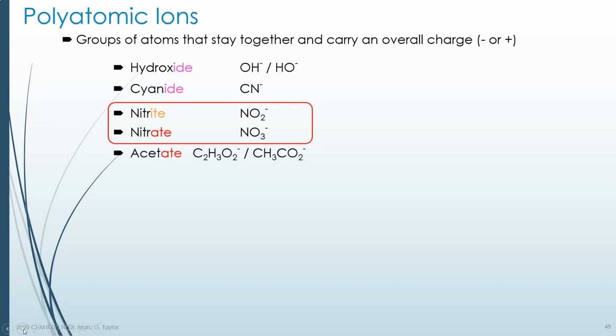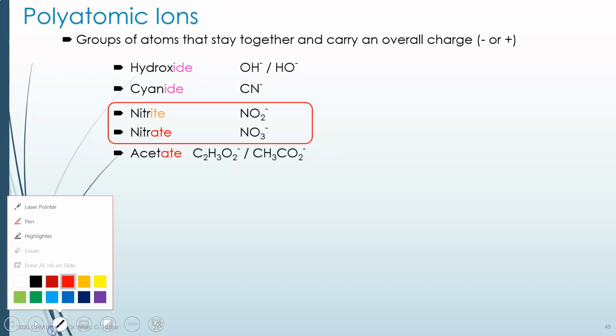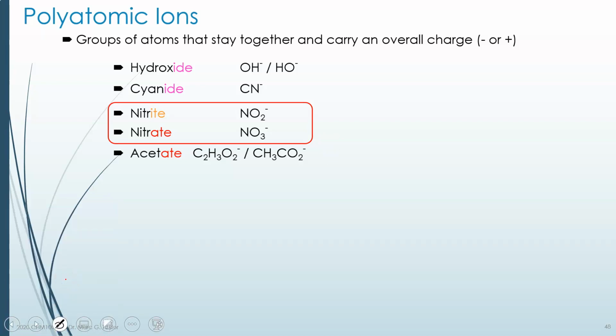We also have acetate. This is a polyatomic ion composed of 2 carbons, 3 hydrogens, and 2 oxygens. There are many ways this is written. Sometimes it's written as shown here, sometimes as a slightly different version, CH3COO minus.